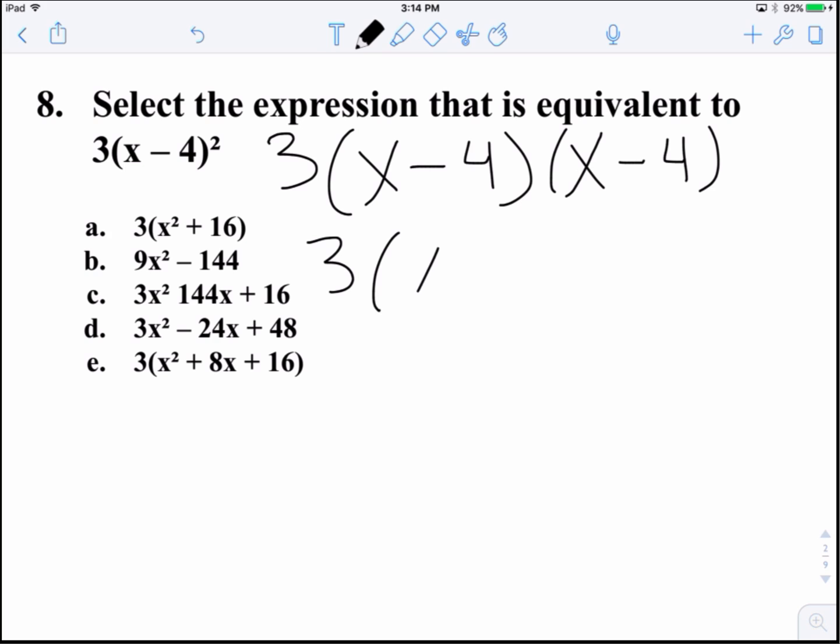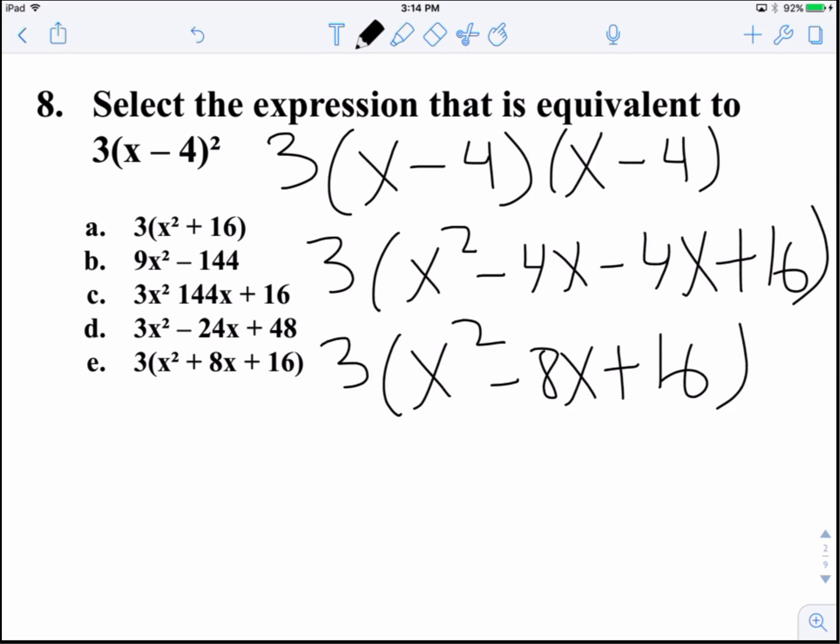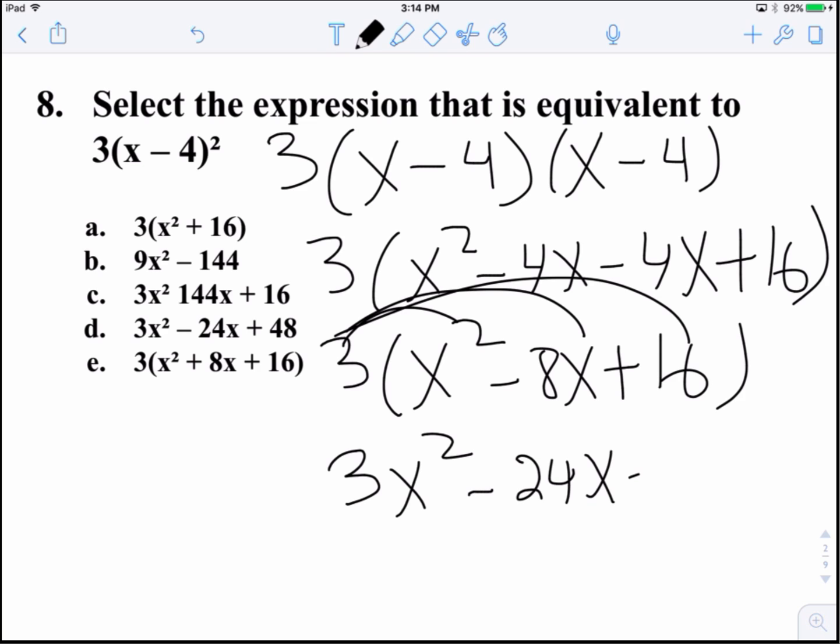So we have x squared minus 4x minus 4x plus 16, and then combine like terms with 3x squared minus 8x plus 16, and distribute the 3 into every term, so it gives us 3x squared minus 24x plus 48, so the answer is D.